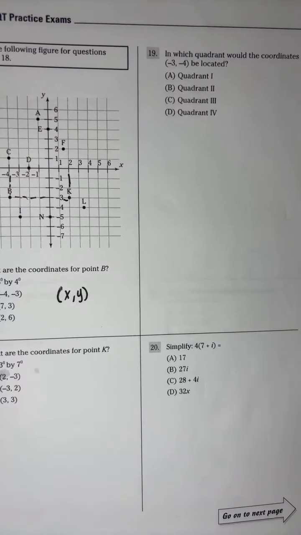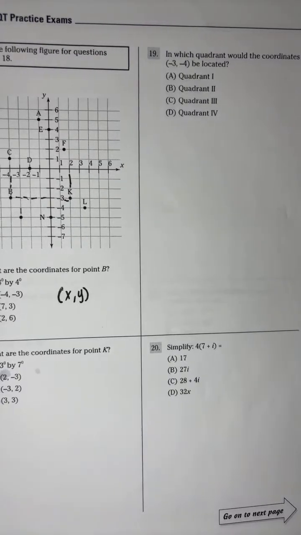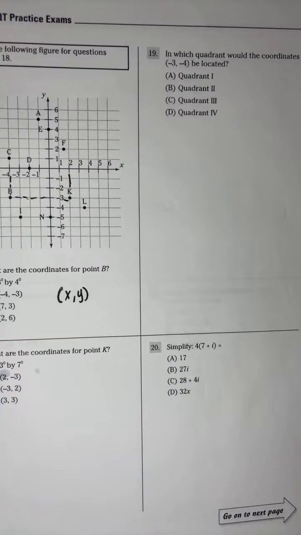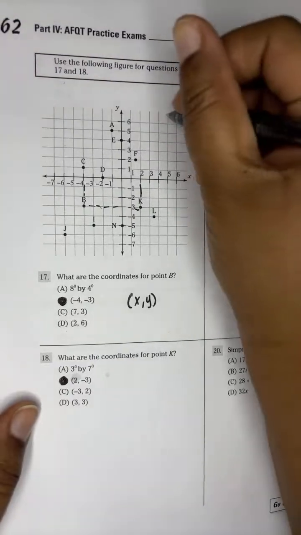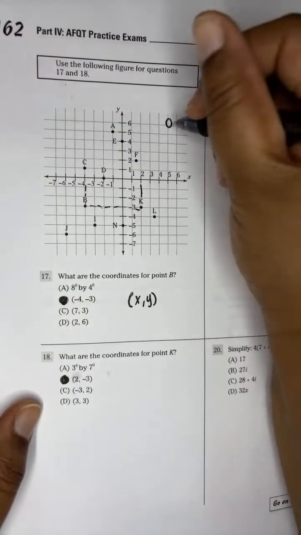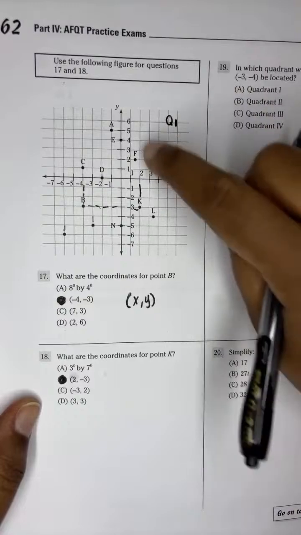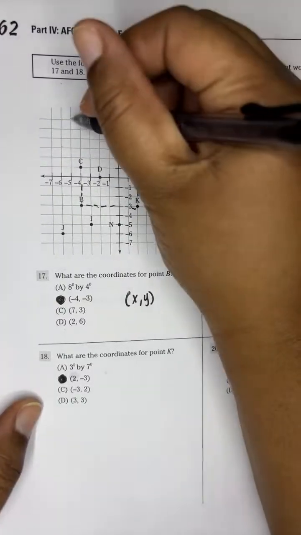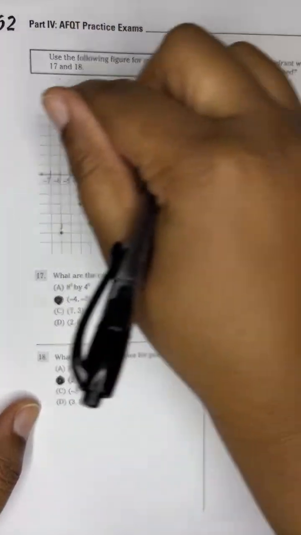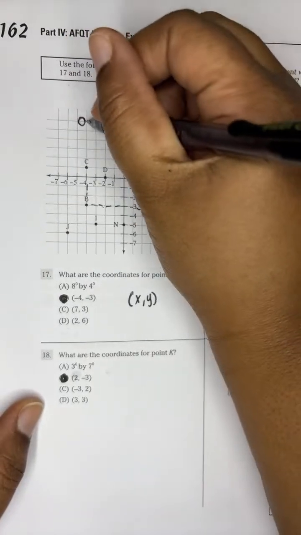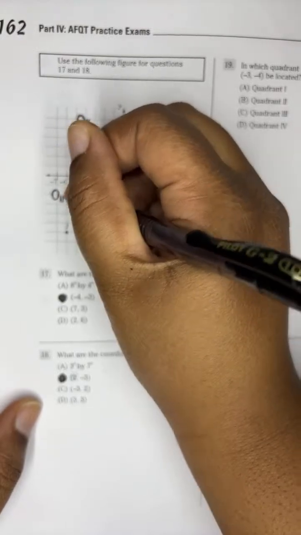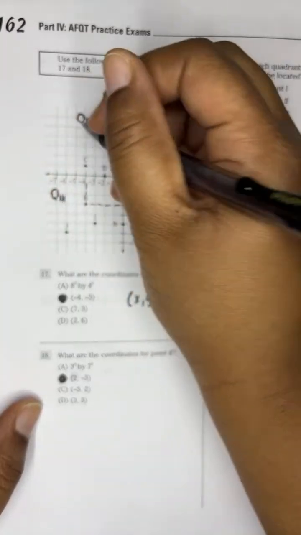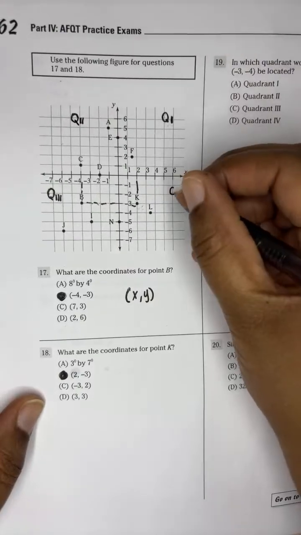What is a quadrant? Thank you, that is a great question. How you look at the quadrants is they're on a graph. This is always quadrant 1, where they're all positives. Quadrant 2, it goes counterclockwise. So this is quadrant 2, quadrant 3, Q, right? Not O. And then this is quadrant 4.